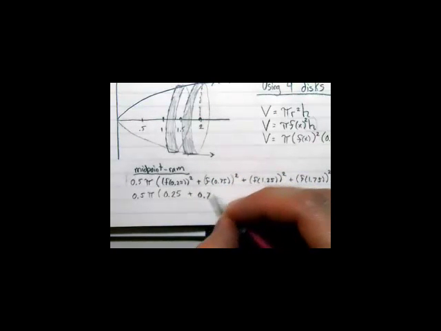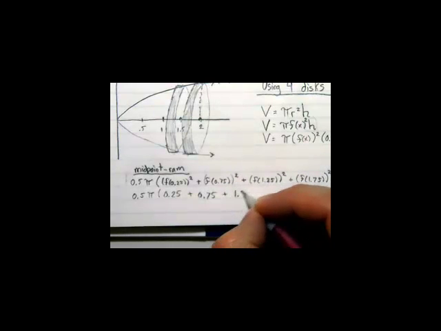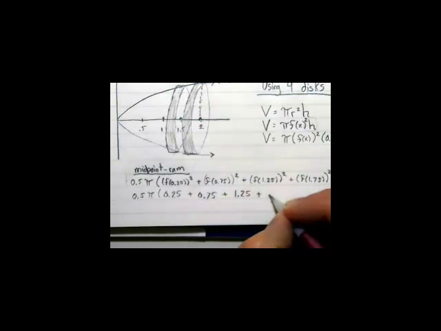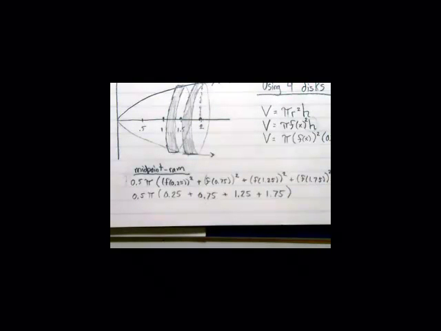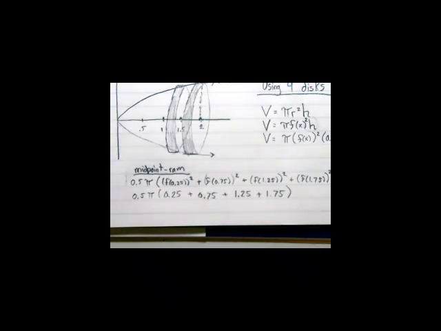The 0.25 we actually want to add together then, because they've been square rooted but squared. So let's see what we get.